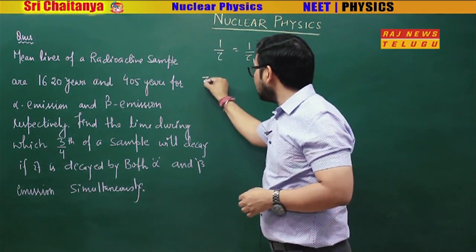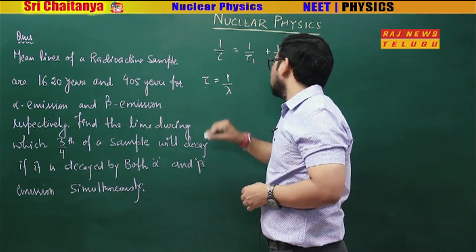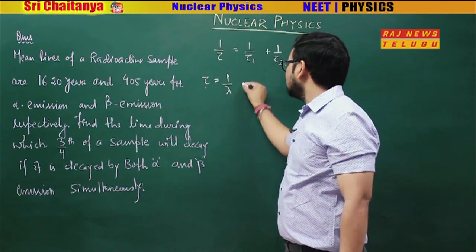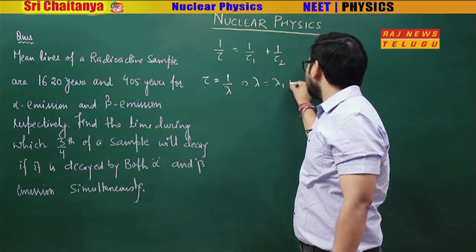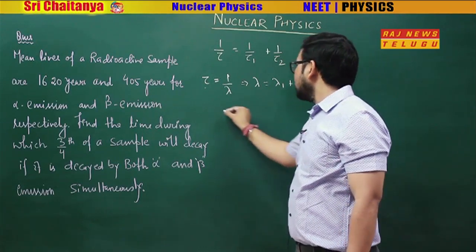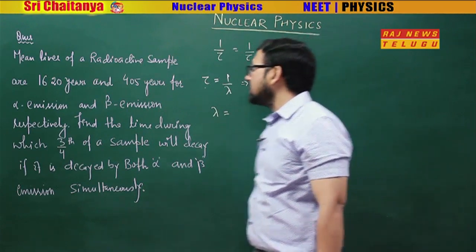And you know what this tau is, the mean life: 1 by decay constant. So we can say here that lambda is equal to lambda 1 plus lambda 2. Now we will read the question first.